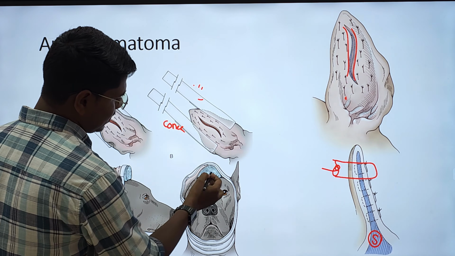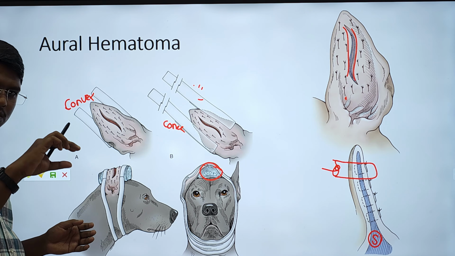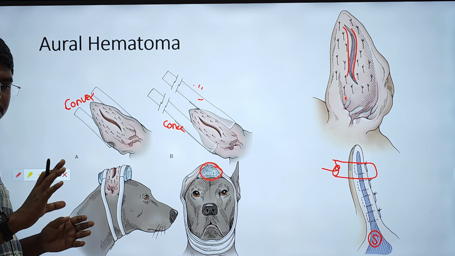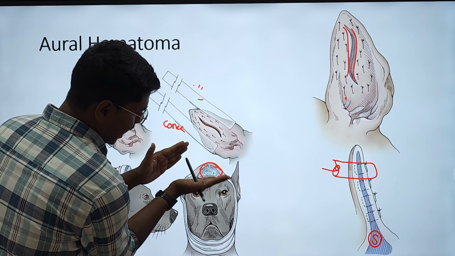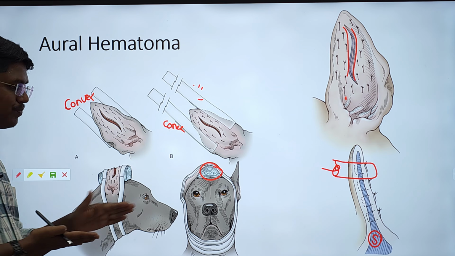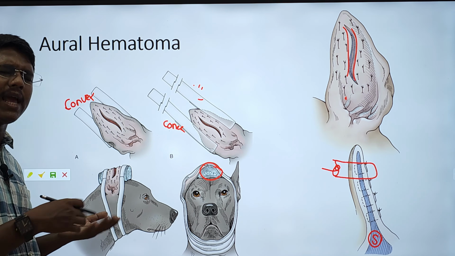But before putting, place some gauze along with cotton, any soft material, over the head so that it is not injured. This is a hard surface, so it should not be placed directly on the hard surface. So you have to place it over a soft surface, though many times it can be placed without.